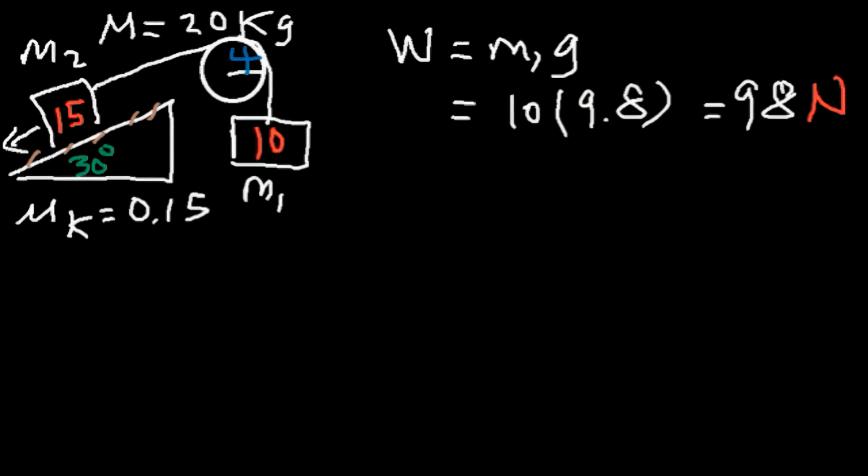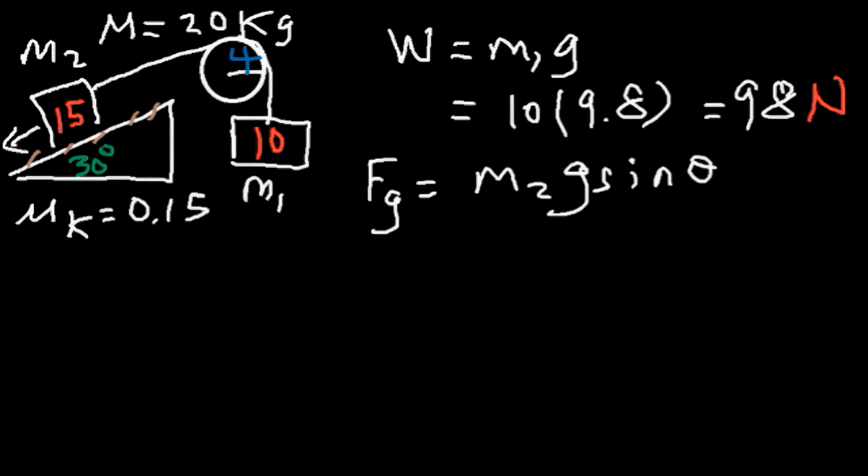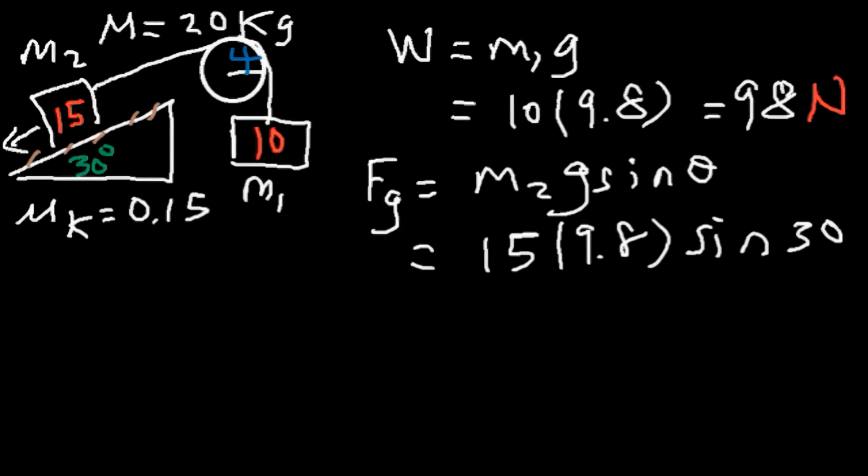So let's find Fg. Let's see what the value is. So m2 is 15, g is 9.8, times sine 30. Sine 30 is 1/2. And 15 times 9.8, that's 147, times 0.5.